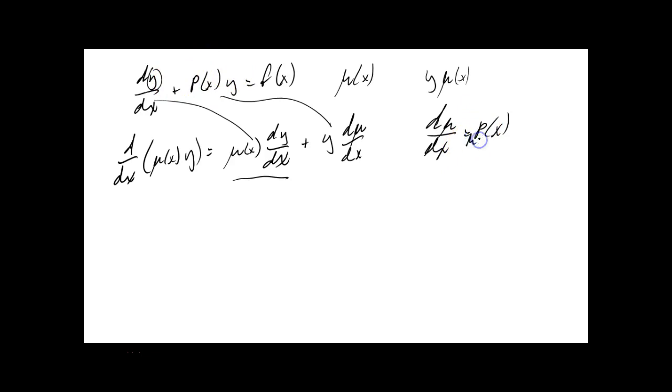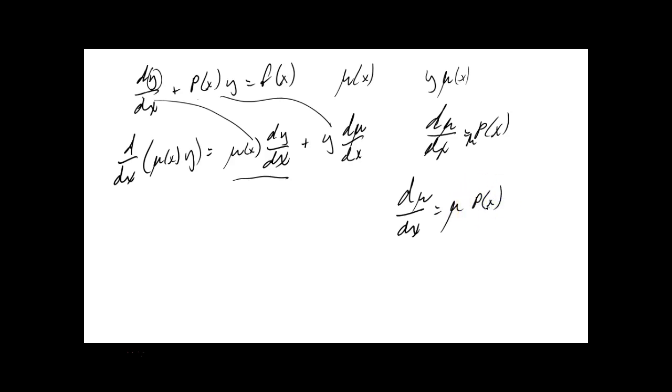So this is mu times p of x. Sorry about that. d mu dx has to be mu times p of x, because if this is times mu of x, you need that to be times mu of x as well. We're not worrying about the right-hand side at all. We're just worrying with the left-hand side. Now this statement here, d mu dx is equal to mu times p of x.